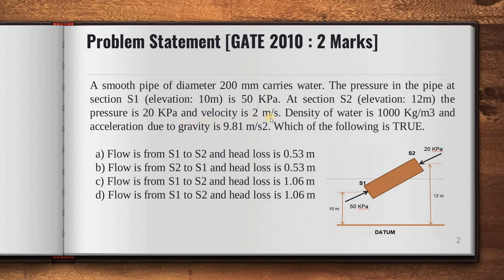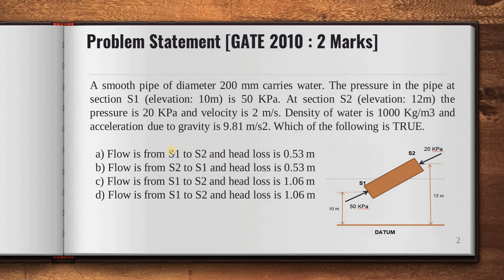And velocity is 2 meter per second. So the velocity of the flowing fluid is 2 meter per second. Density of water is 1000 kg per meter cube and acceleration due to gravity, that is g, is 9.81 meter per second square. So the question is, which of the following is true?